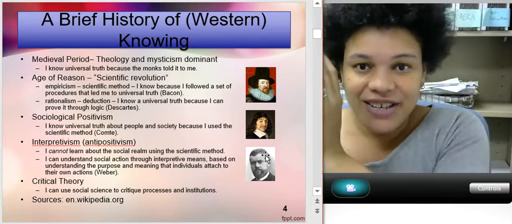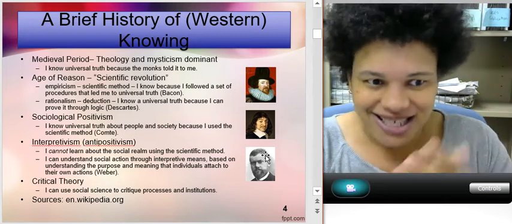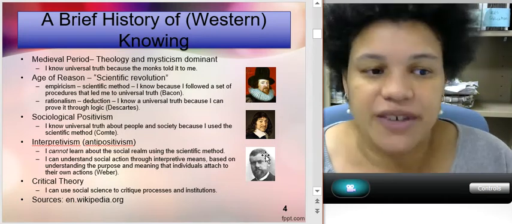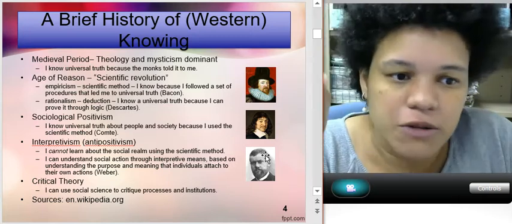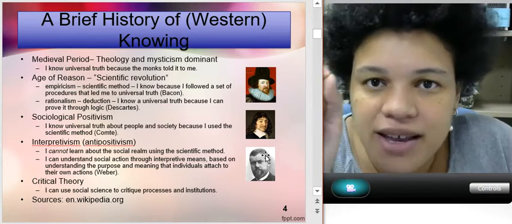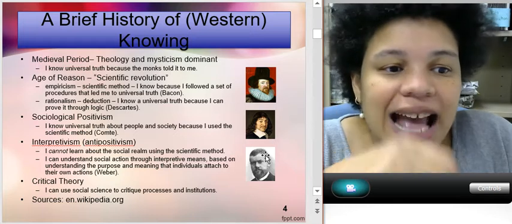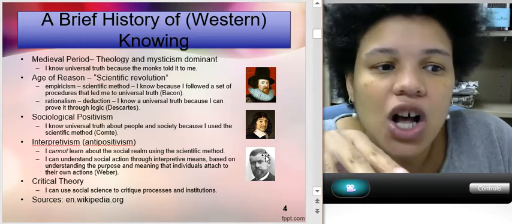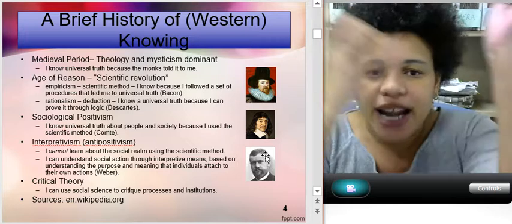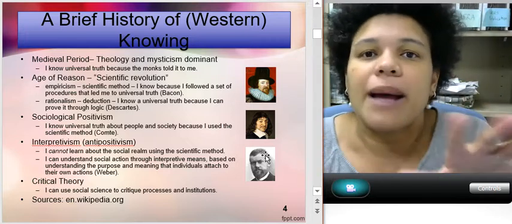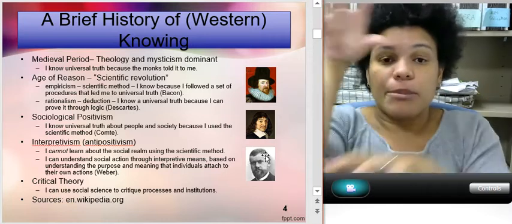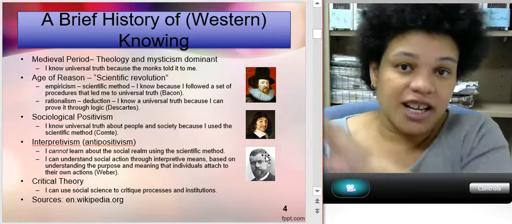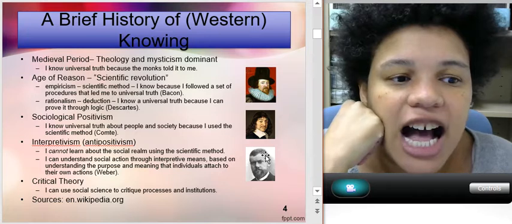So you have the positivists and the anti-positivists, and this idea of interpretivism. I cannot learn about the social realm using the scientific method is this idea, right? I can understand because we're not talking about atoms bouncing around. We're not talking about basic chemicals reacting with one another. We're not talking about the movement of planetary and other stellar bodies, right?